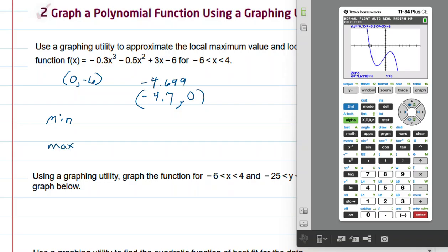I'm going to put min first, because as I read left to right, I have a minimum value, and this is a relative maximum value. The value of y is not the issue. It's where the hump is in relation to the other hump. Is everybody comfortable with that? Am I clear? All right.